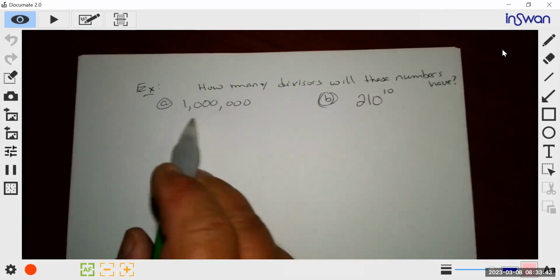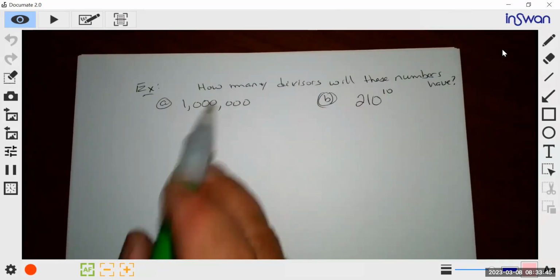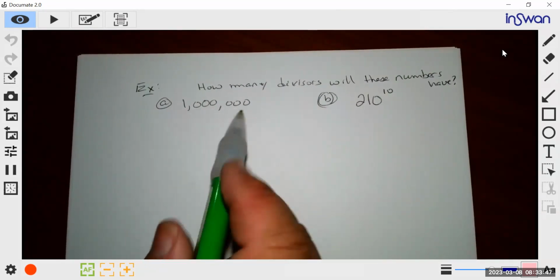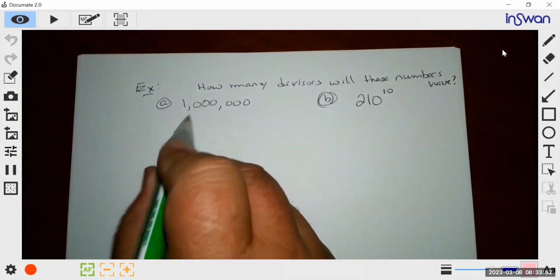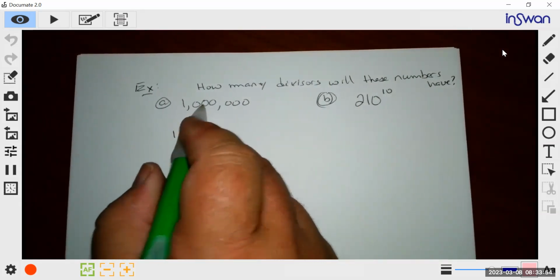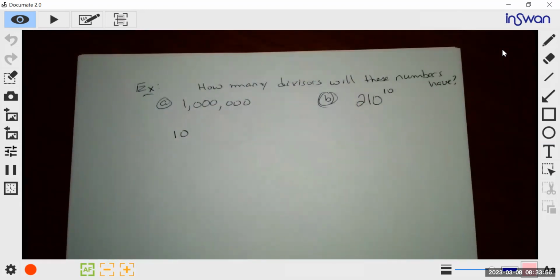Actually, we could, but this one's pretty easy, because whenever you have a 1 and a bunch of zeros, we know it's a factor of 10. You could do 10 times 100,000, 10 times 10,000, and keep on going from there.